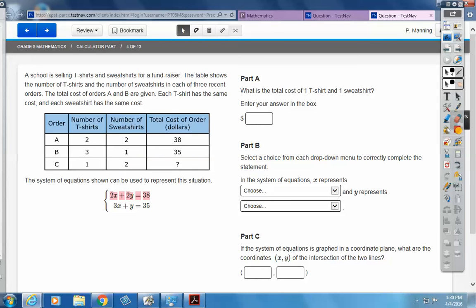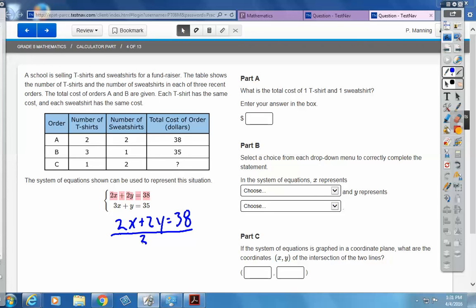I don't need to know the cost of 1 t-shirt or 1 sweatshirt. I need to know the cost of 1 t-shirt and 1 sweatshirt. So if I have 2x plus 2y is equal to 38, really I just want 1x and 1y. Well, can't I just divide everything by 2? Won't that give me 1 shirt and 1 sweatshirt?